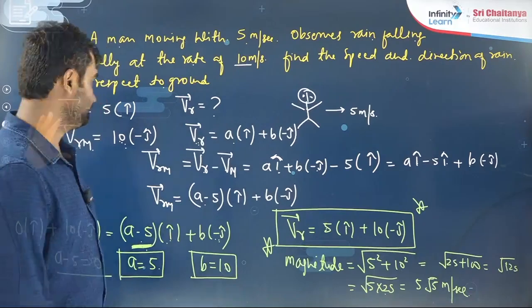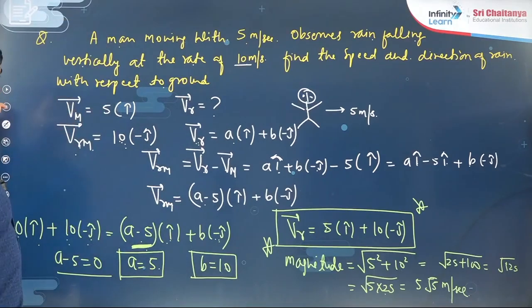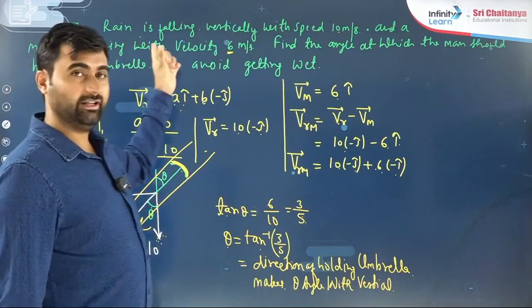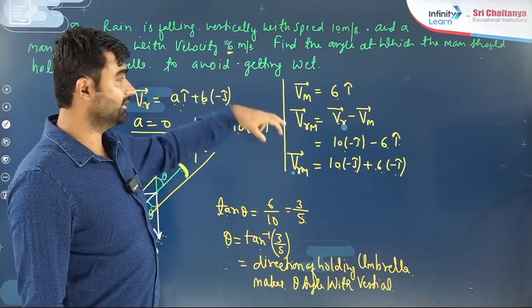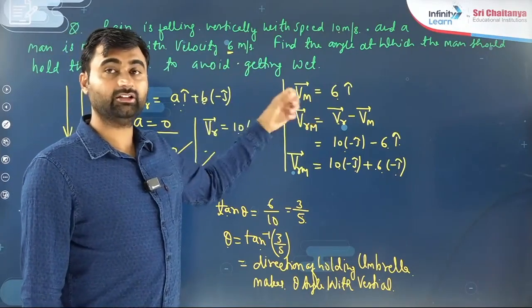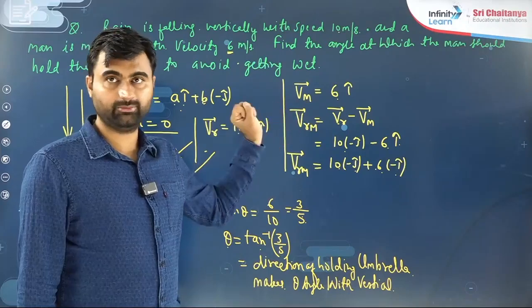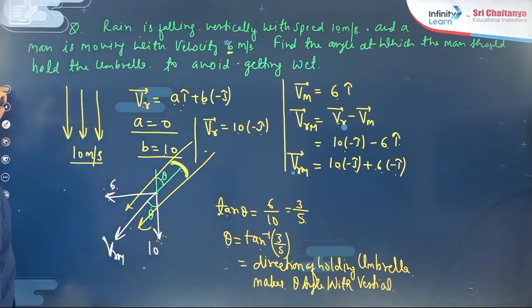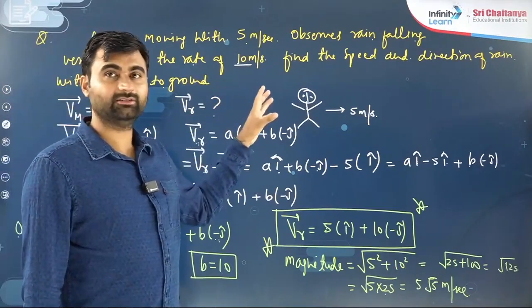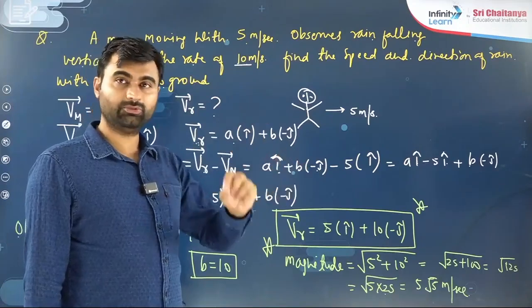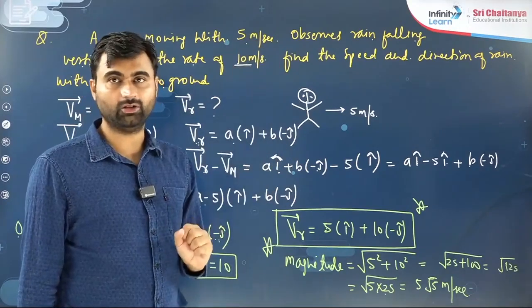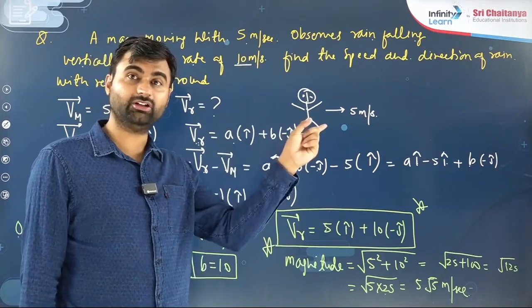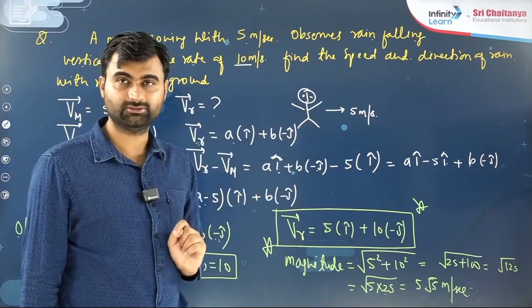You all understood? So in the last question we discussed directly the given velocity of rain, velocity of man, and finally we calculated in which direction that person should hold the umbrella. In the next question, what is given? That person observed that raindrops are falling vertically downward, means the final direction of raindrops with respect to man is given.